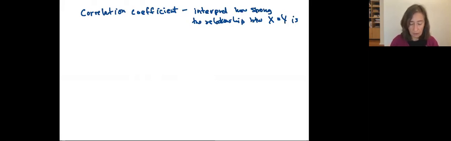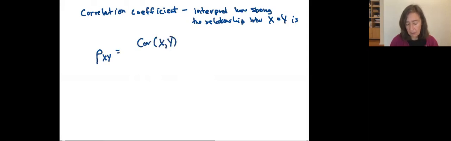So the correlation coefficient, we almost always represent it with that Greek letter rho. It looks sort of like a curly P. So the correlation between x and y is the covariance of x and y, divided by the standard deviation of x times the standard deviation of y. Okay, so it's just putting in those standard deviations to sort of correct for the variation in the individual variables there.